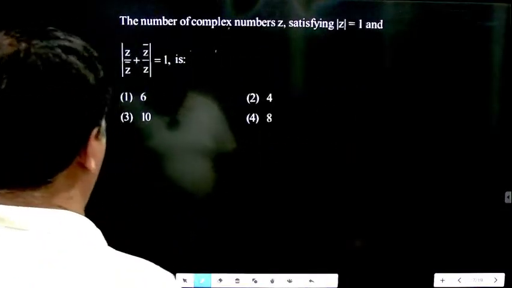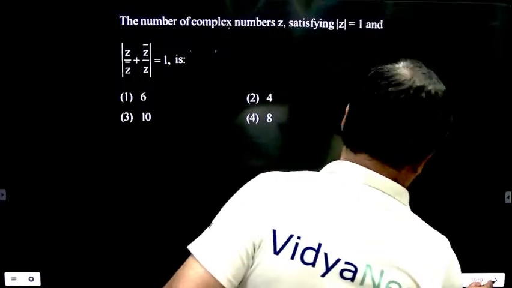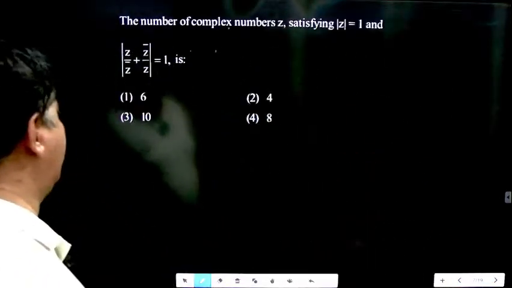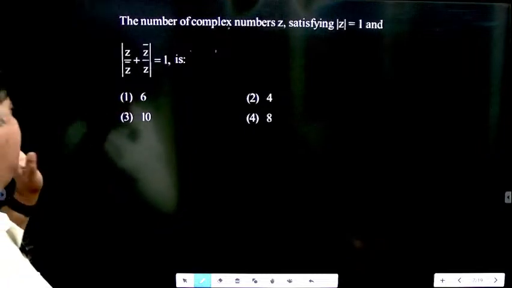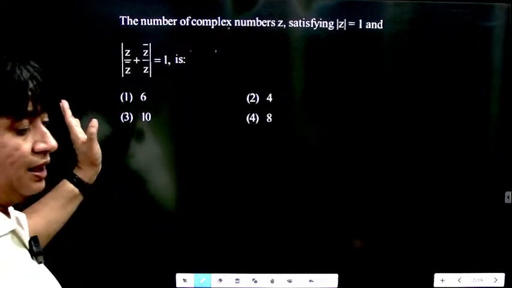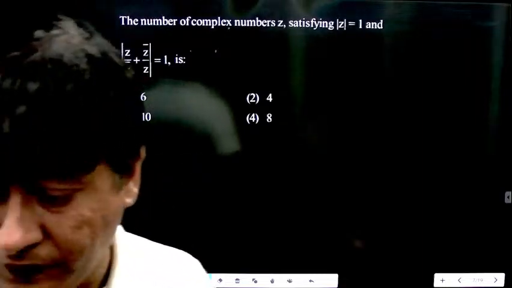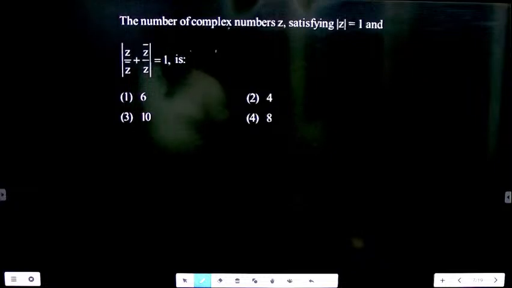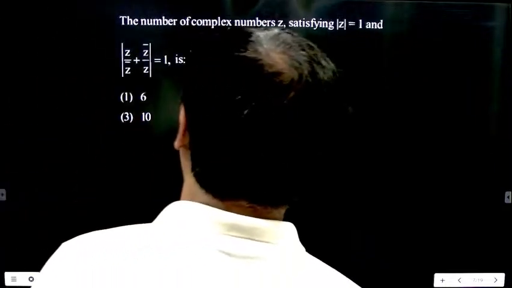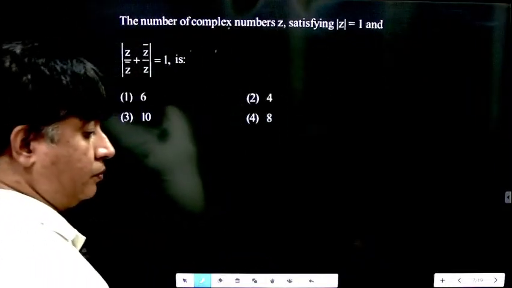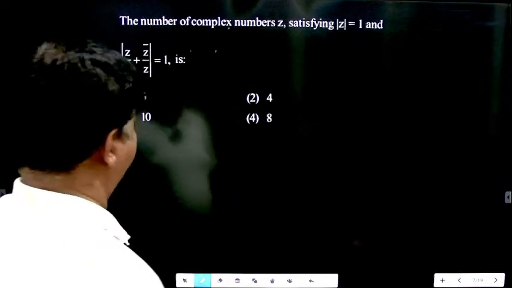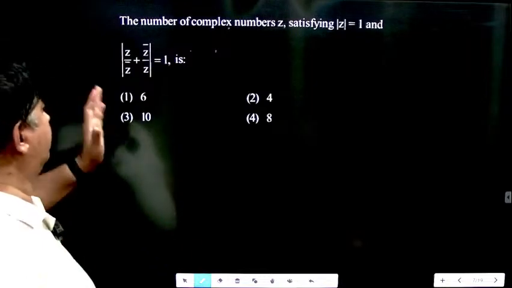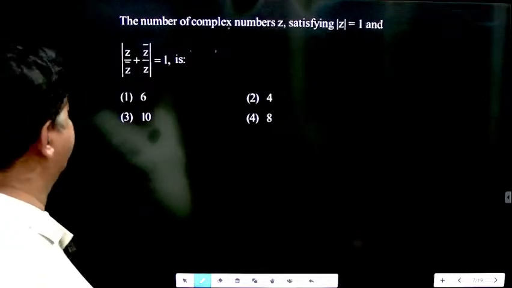Now you go through this sum. It is also related to complex numbers. Just see at a glance and proceed. Have you gone through? Hello. Are you trying? Yes, sir, trying.